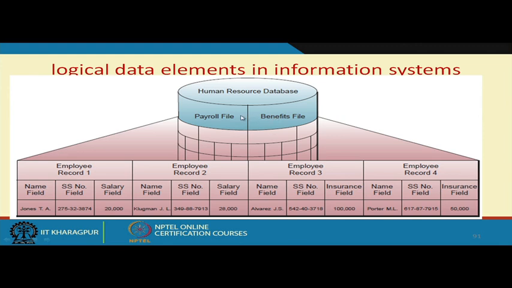For example, here there can be employee records, employee 1, employee 2 etc. Each record again has many fields. So, these fields, records and files, many files together make one database, a complete database for your organization.